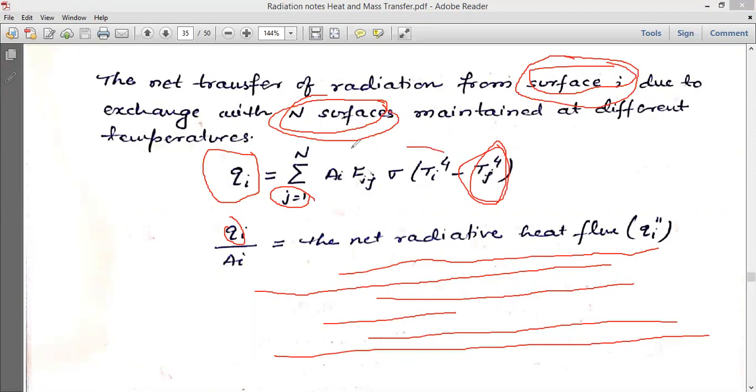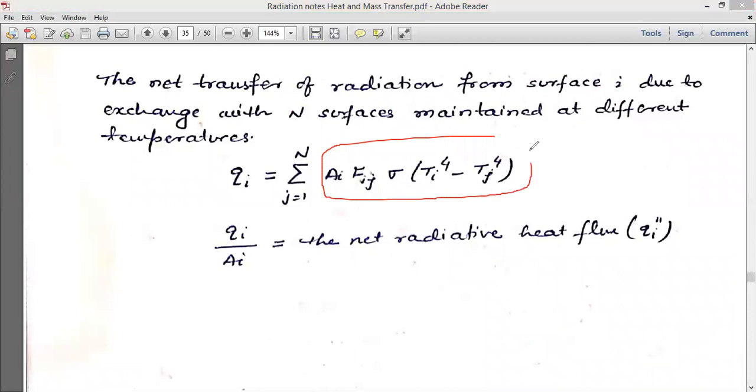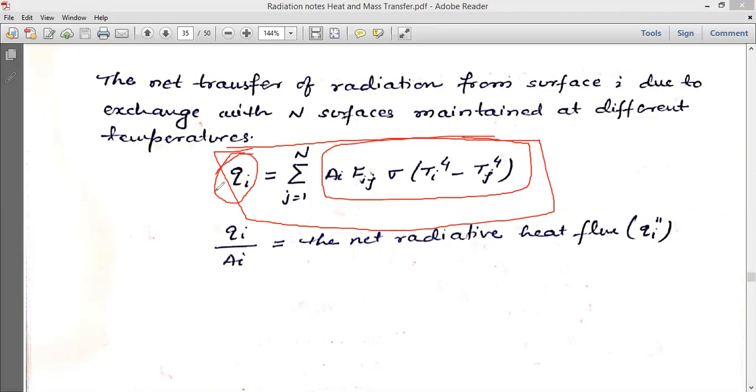So one by one, the energy interaction with the first surface will be Ai Fij sigma (Ti^4 minus Tj1^4). Now for the second surface, it will become Ai Fij sigma (Ti to the power 4 minus Tj2 to the power 4). So in this way, after summation over all the surface interactions, we get the net rate of radiation transfer from the surface I.